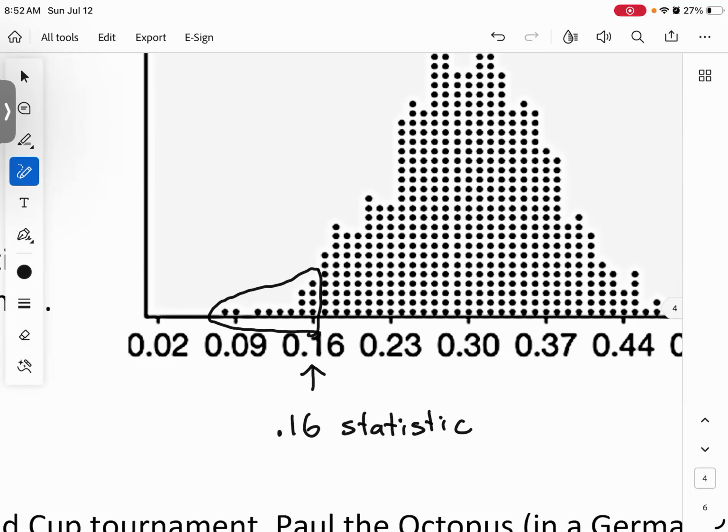And so that's what p-values are. Whenever you're asked to calculate p-values to see how likely it was to have happened by random chance, or in other words, to say that it was a fluke or not, you would count those dots up. That's going to be 4, 5, 6, 7, 8, 9, 10, 11, 12, 13 of them.